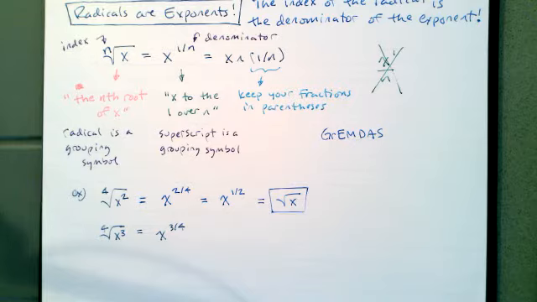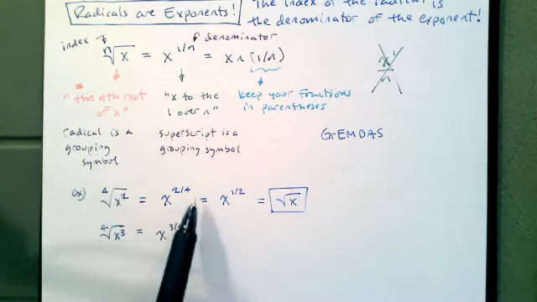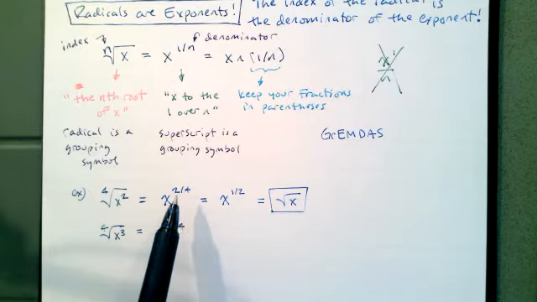All right. So let's take a look at one of the things that I wanted to talk about today, and it has to do with the index of the radical being the denominator of the exponent. I really want to emphasize that.